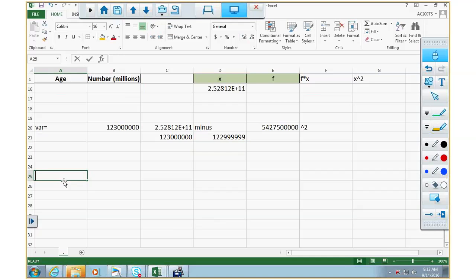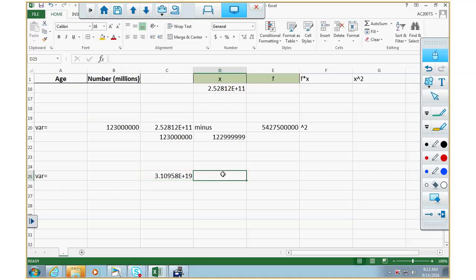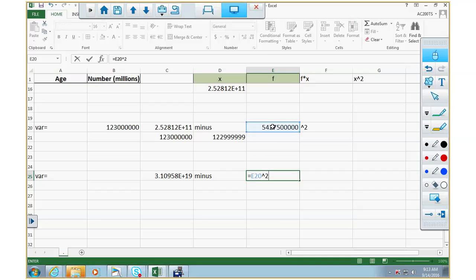So the variance is equal to this number times this number, minus this number squared, over this number times this number.